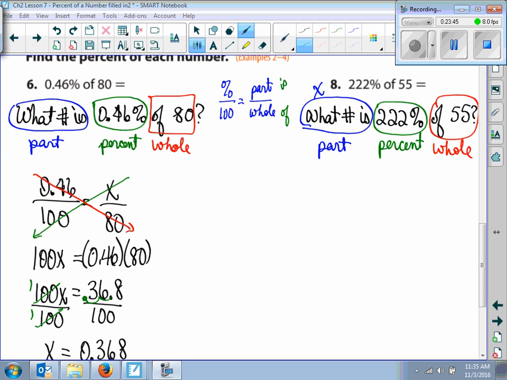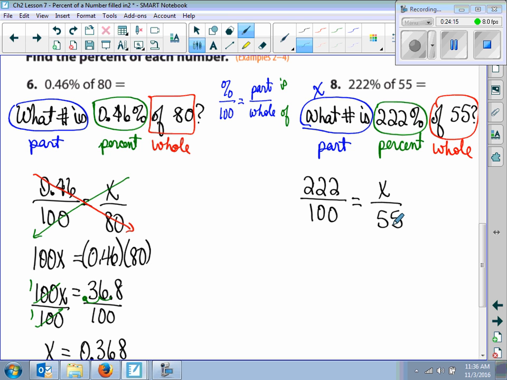Okay, so our percent proportion is the percent over 100, which is over, good, and that's equal to the x, which is the is, or the part, over the of, or the whole, which is, very good. Now, how do I solve this proportion?